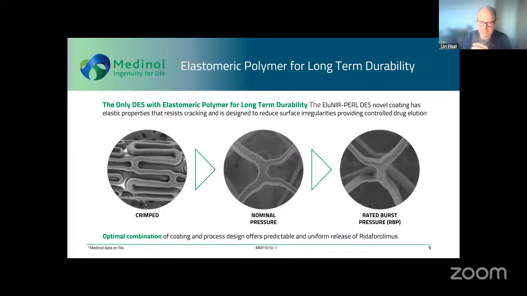The result is that, as you may see in the pictures, even in crimped, nominal pressure or rated burst pressure, there's no tearing of this polymer. It may expand up to 400% of its size without tearing. This also provides a very uniform drug elution to the vessel wall.